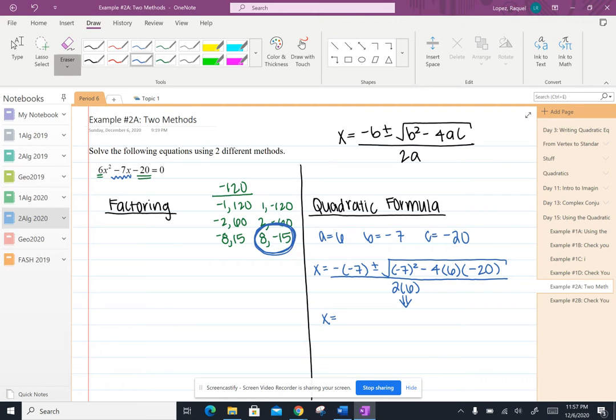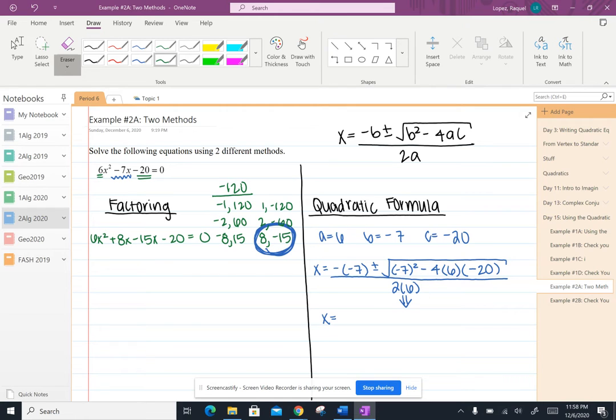So this is what we're going to replace in our equation over here. I'm going to have 6x squared, and I'm going to write this as plus 8x minus 15x minus 20 equals 0.